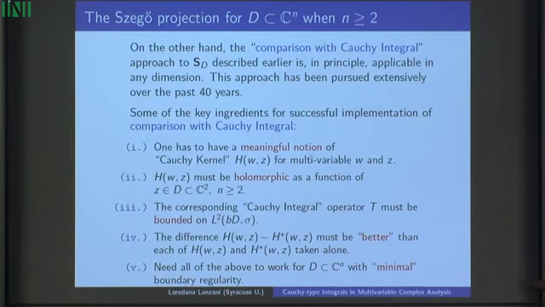So let me recap with you what are the key ingredients in this comparison argument. What do you need? You have to have, first of all, a meaningful notion of Cauchy kernel when Z is multivariable. Secondly, this meaningful notion of Cauchy kernel has to be holomorphic as a function of the output variable, Z. Thirdly, the corresponding singular integral operator has to be bounded on L2.